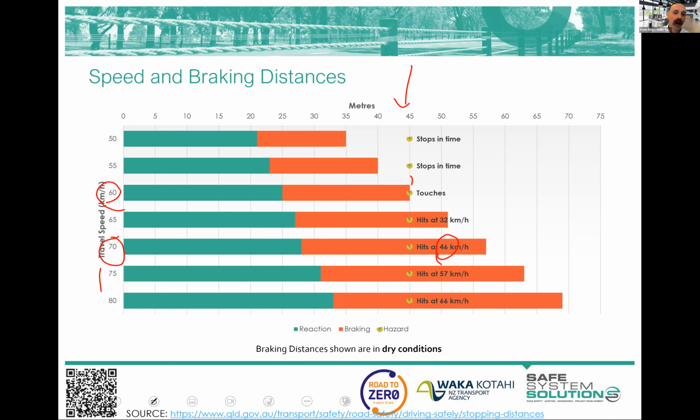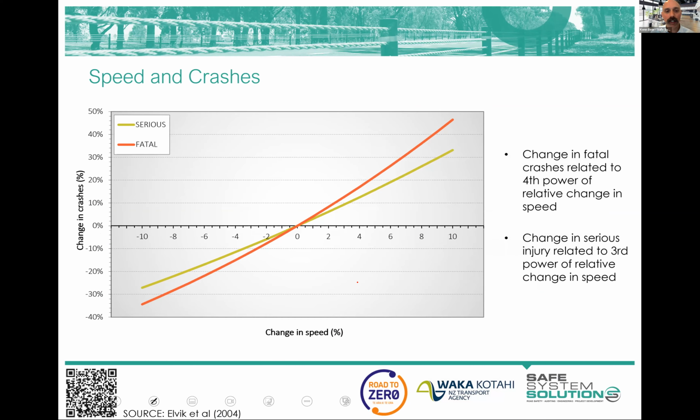Okay, so we've got the reaction time, we've got the braking distance, okay, and it's an exponential, it's actually a power relationship when you add in there the actual outcome for the occupants of crashes. And this is based on research out of the Centre for Automotive Safety Research, Adelaide research. It's far and away some of the world's best in terms of speed and impact coming out of death and serious injury.